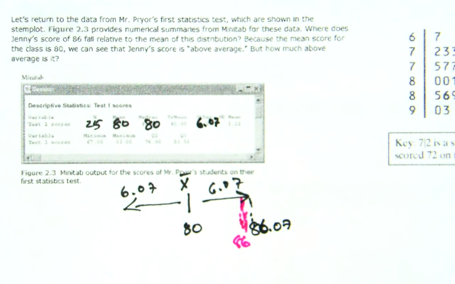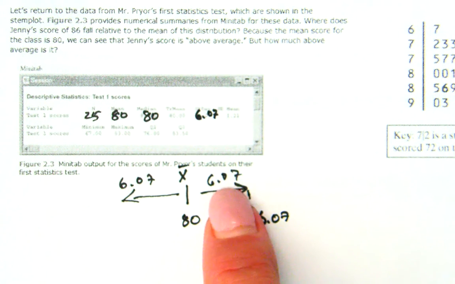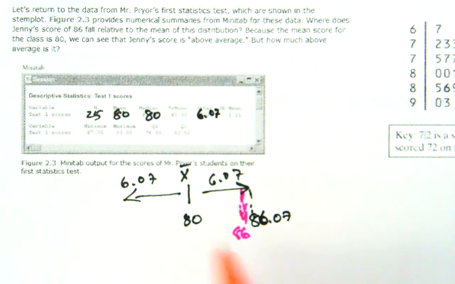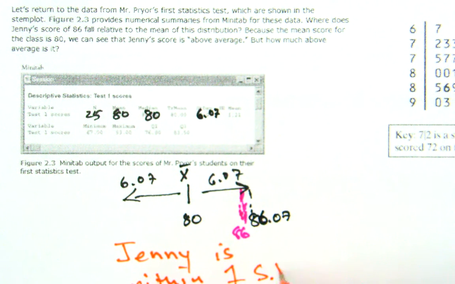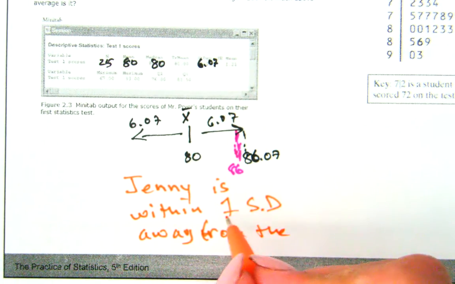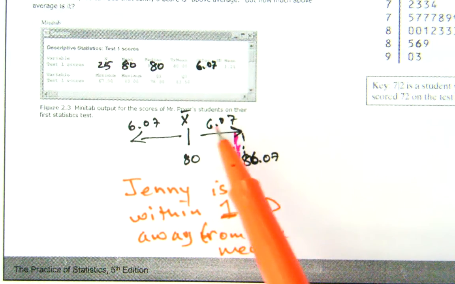So we say, since 6.07 is the standard deviation, Jenny is within 1 standard deviation away from the mean, because 1 standard deviation would be 6.07.